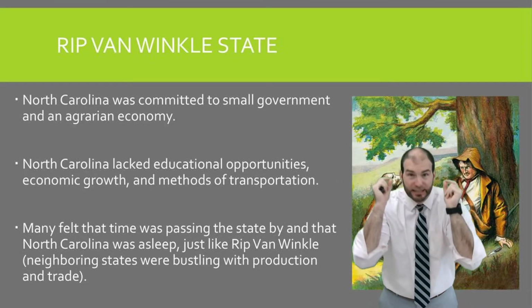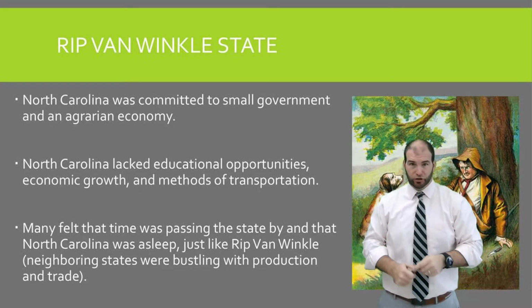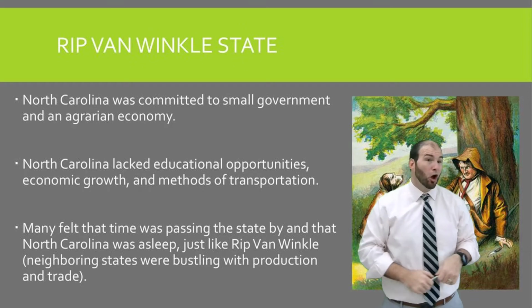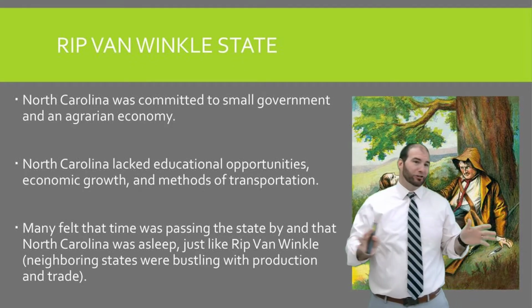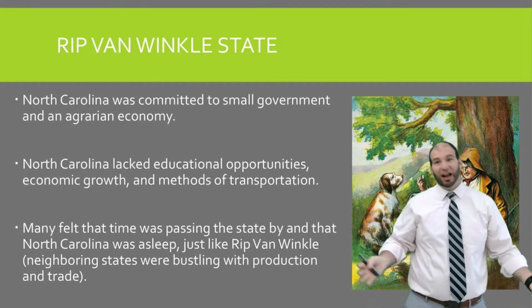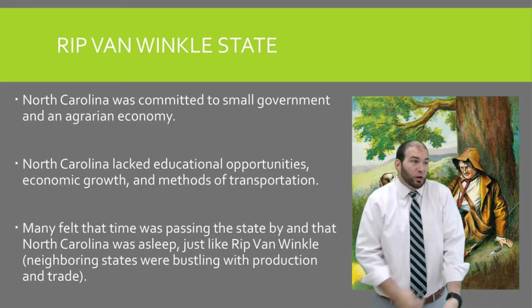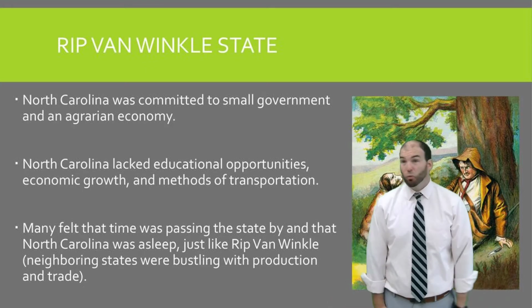We had zero public education in North Carolina in the 1800s. None. We just didn't do it. We had no education. We had no desire for economic growth. We had basically no methods of transportation. We just didn't decide. And it wasn't that we couldn't. We just didn't want to.